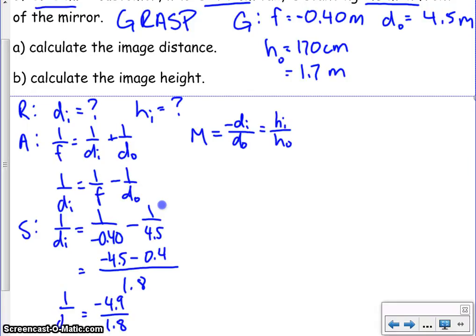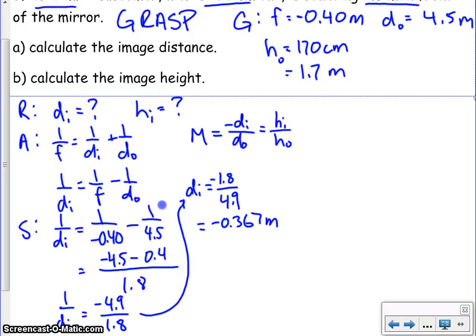That is 1 over di. But remember, I don't want 1 over di, I want di. So I'm going to flip both of those, and I get 1.8 over negative 4.9. Notice I just put the negative onto the top number. If you divide that, it becomes negative 0.367 meters, because everything's in meters.